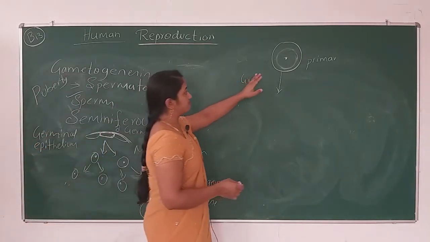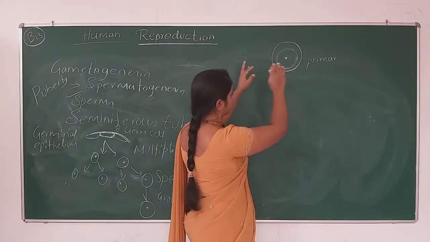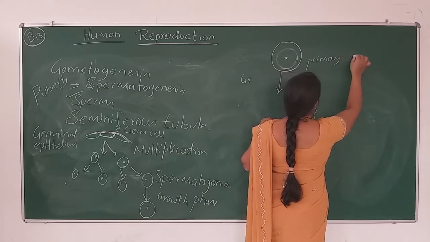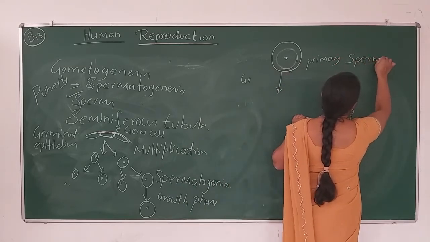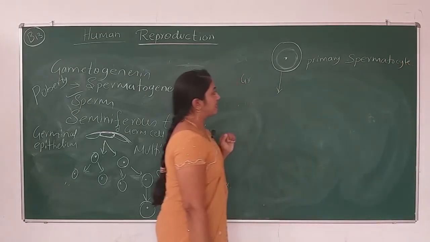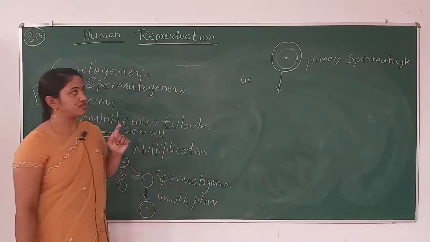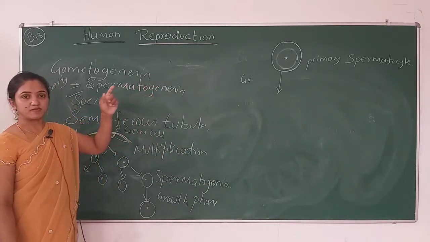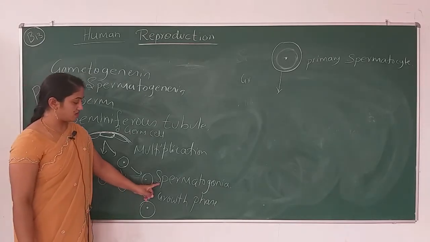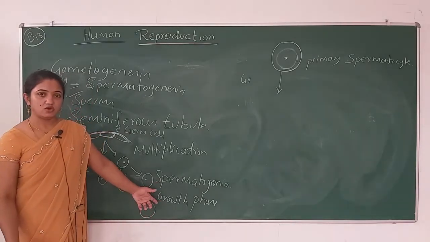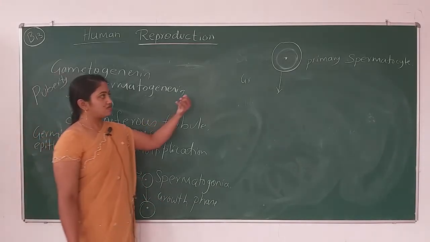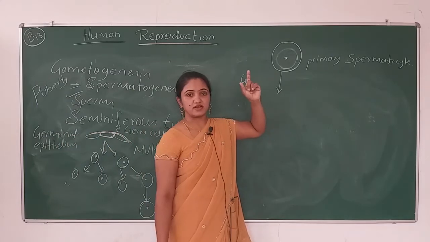That bigger cell is named the primary spermatocyte. So how did the primary spermatocyte arise? When the Spermatogonia attains growth and increases its content, it becomes the primary spermatocyte.